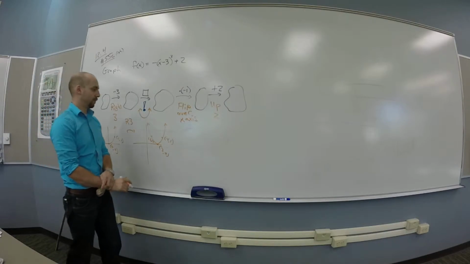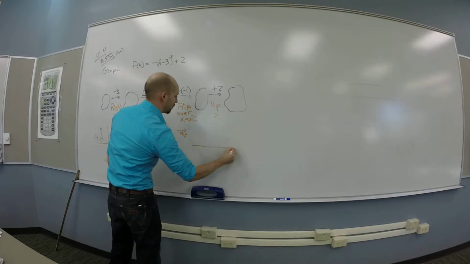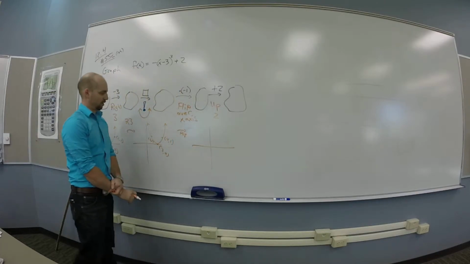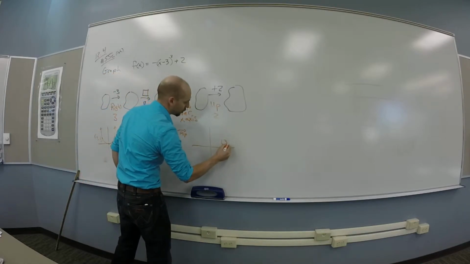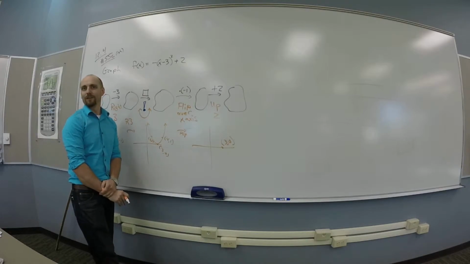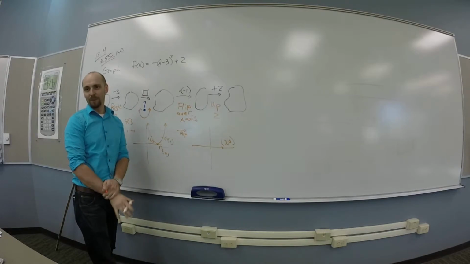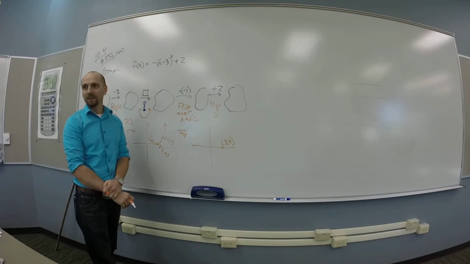Then I do the flip. So now what's my picture? 3, 0, 2. Wait, why doesn't 3, 0 change? Because it's the vertex. Because it's on the axis you're flipping over, right? The vertex could change if I moved something up and then flipped it over, right?